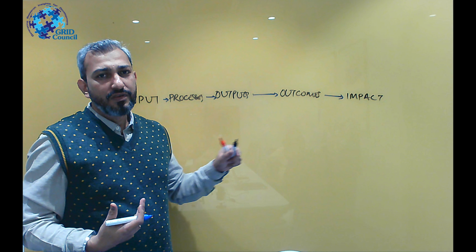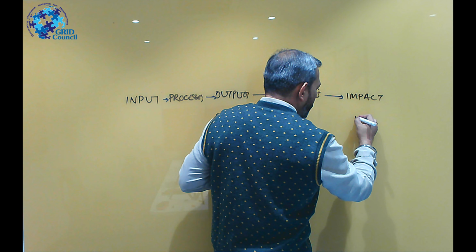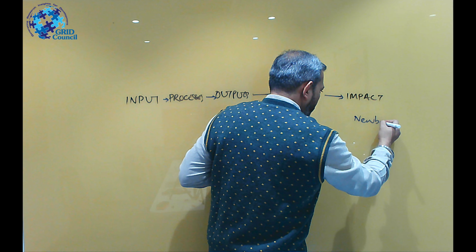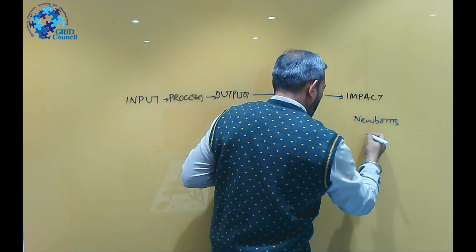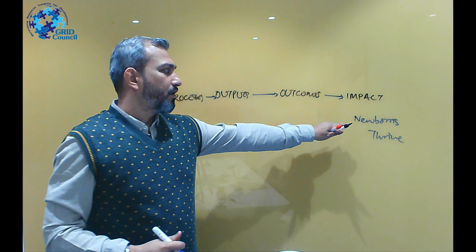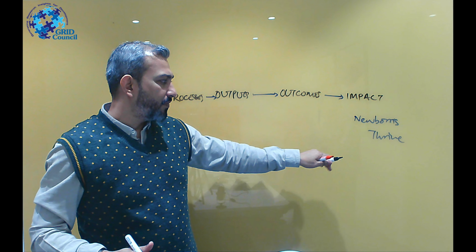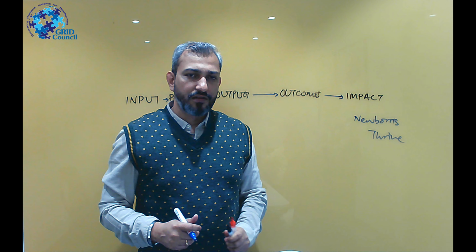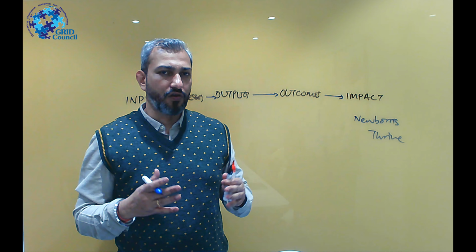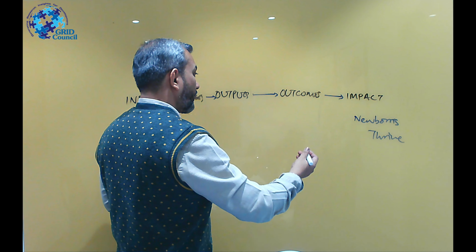Let's design a theory of change in real time. My impact is that my newborns thrive. That means this is something that requires a prospective follow up, a longitudinal follow up and scale.